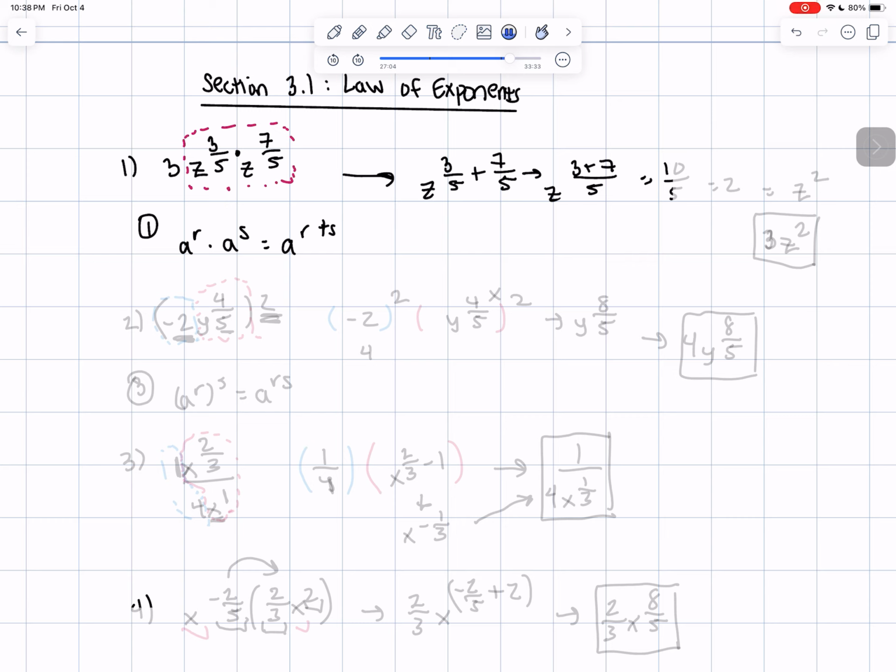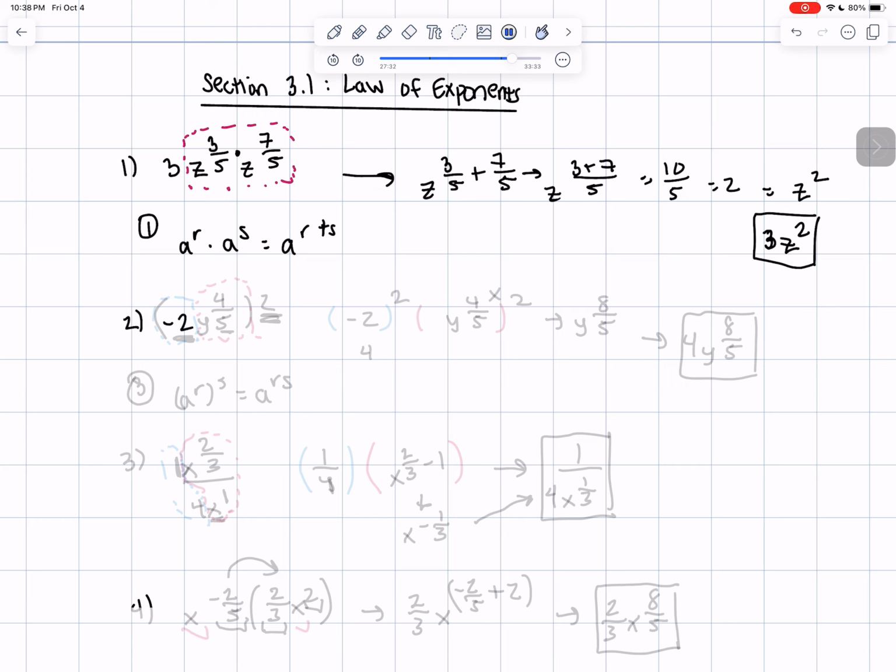Well, 3 plus 7 is 10, divided by 5 is 2. So we're left with z to the second. What about that 3? Well, the 3 is just going to be added in front, and that's how we solve this one. So all we're doing, we used property number 1 to add our exponents together because there was multiplication. Now let's do another one.